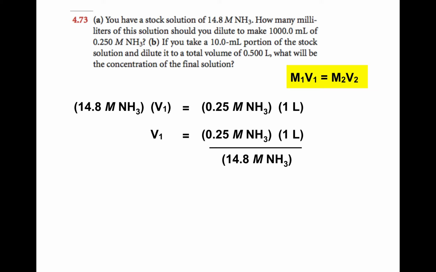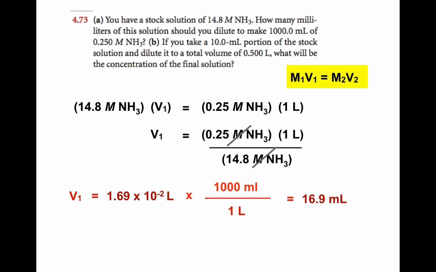When you divide molar by molar, it cancels, and I'm left with liters. I've got a fraction of a liter here. It'd be more convenient to put it in milliliters, so we convert it to milliliters. So I have to start with 16.9 milliliters of my concentrated solution and then add water to it until I get to 1 liter to get a 0.25 molar solution. That's how you read this. That's how you look at it.